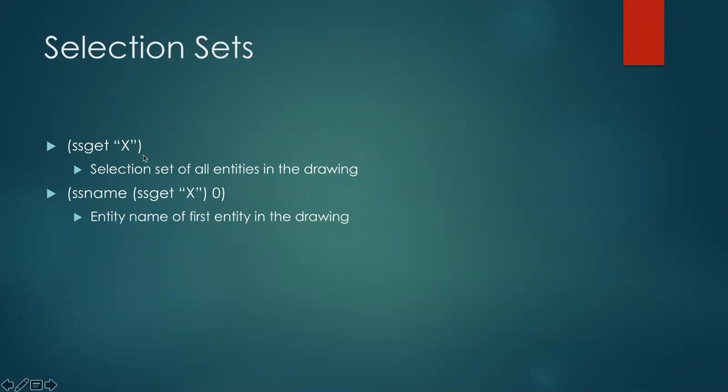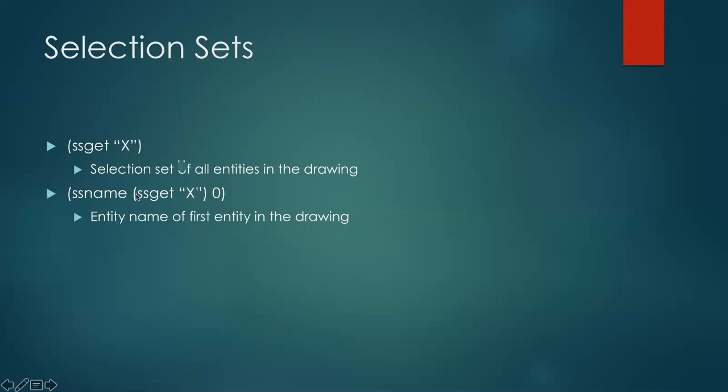Unfortunately, a selection set is not what you might think it is. It's not just simply a list, which would be a little more pure to Lisp. It's not a list of entities, it's a selection set of entities, so unfortunately it's its own data type. That means the only way to access the entities inside that selection set is by using the SSNAME, the selection set name function.